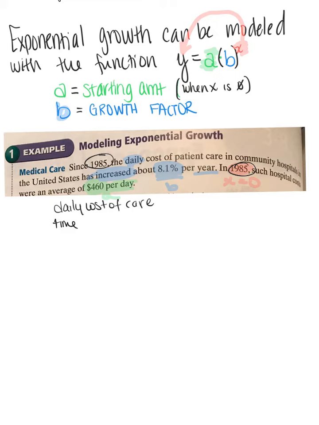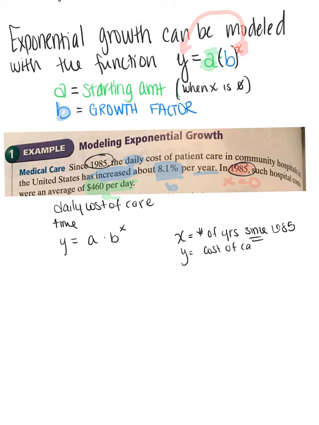All right, so I need to find some way to figure out what a times b to the x power looks like with this equation. If I notice up here that I've got time, then I'm going to let my x be the number of years since 1985, and y is going to be the cost of care.